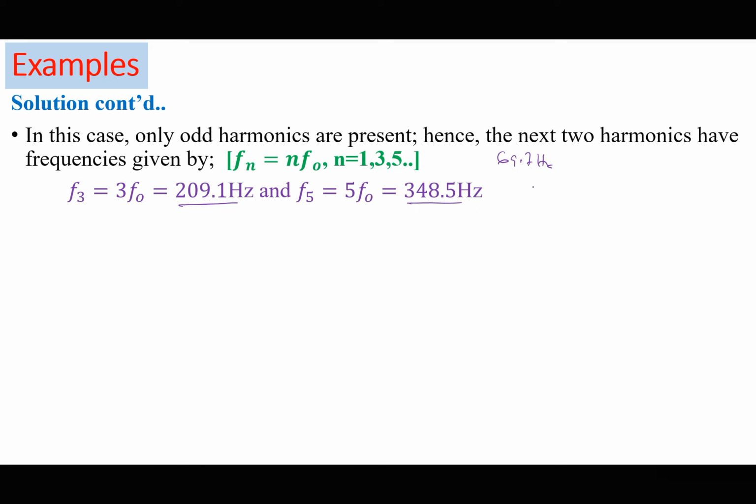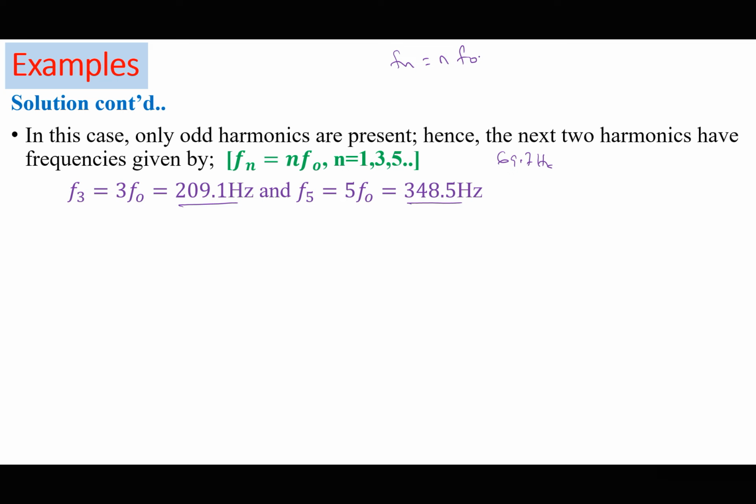So the question was for the culvert open at both ends, how many of the harmonics present fall within the normal human hearing range, which is 20 to 20,000 hertz. So because all harmonics are present for an open pipe, then we can simply express these harmonics as Fn equaling n times F naught, because all of them are present.